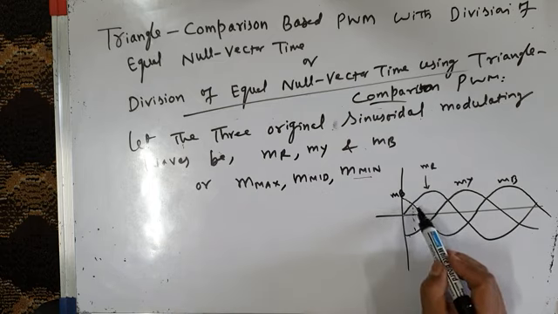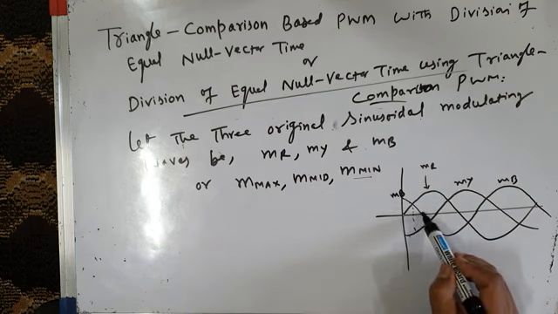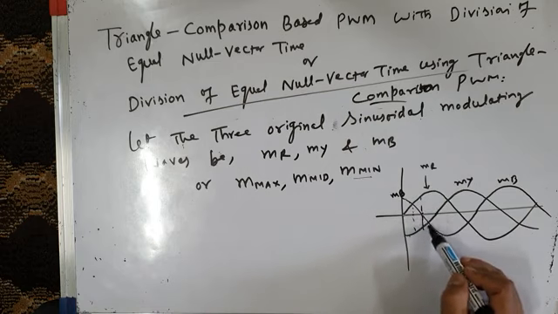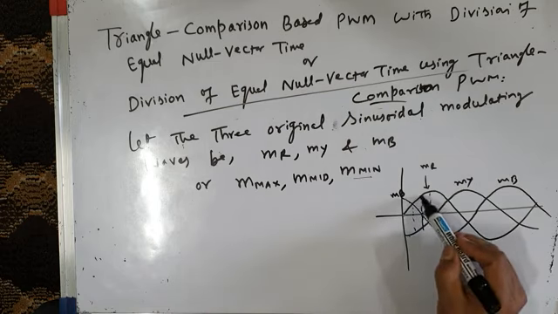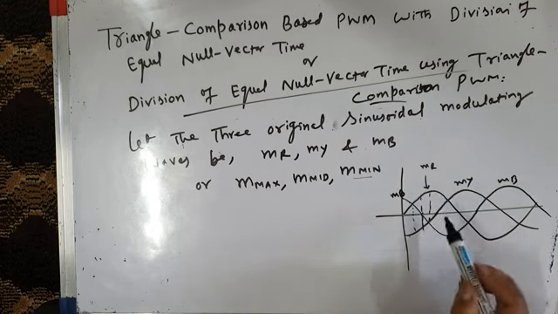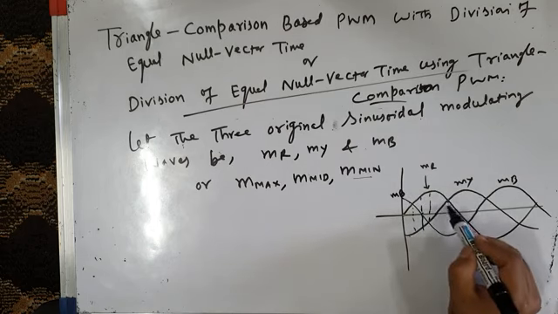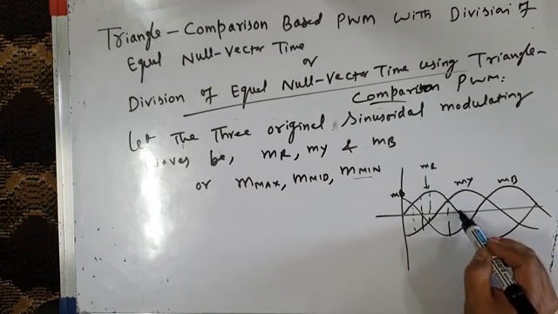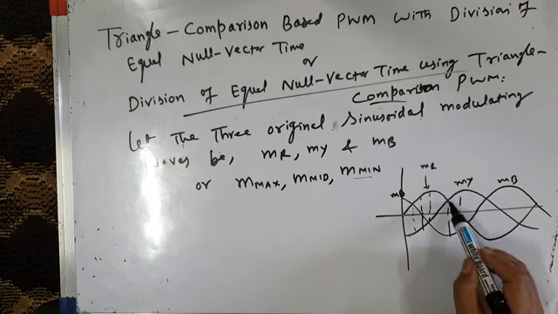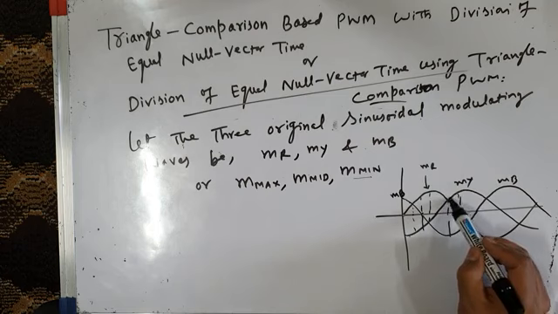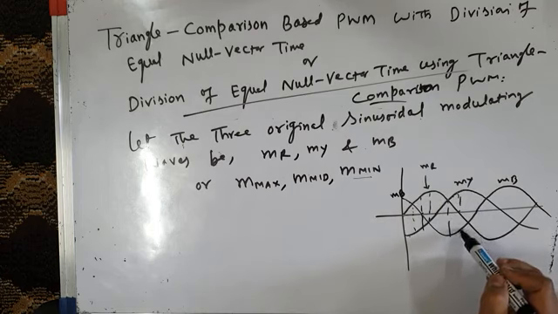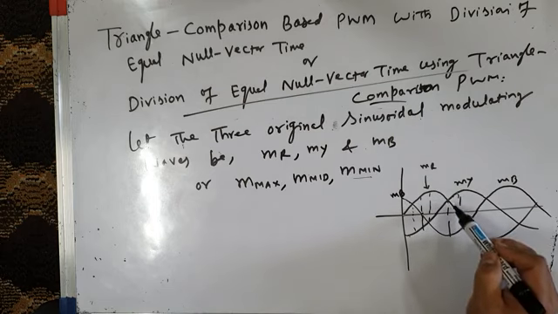Similarly, if you take this 30-degree interval, from this instant to this instant, MY is now M max, MB is M min, and MR is M mid.